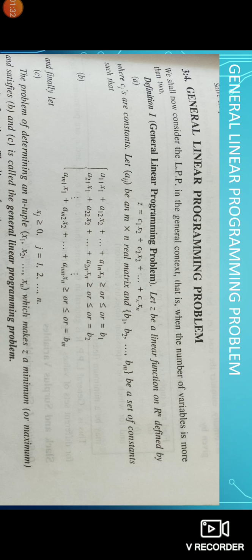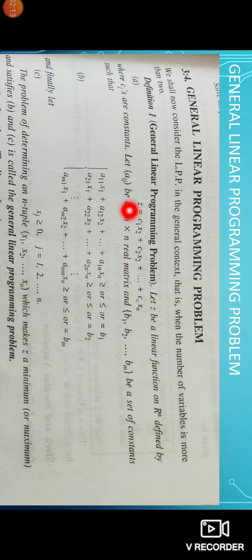The general linear programming problem is defined as follows: let z be a linear function on R to the power n, defined by z is equal to c1 x1 plus c2 x2 plus up to cn xn. This is equation number A.